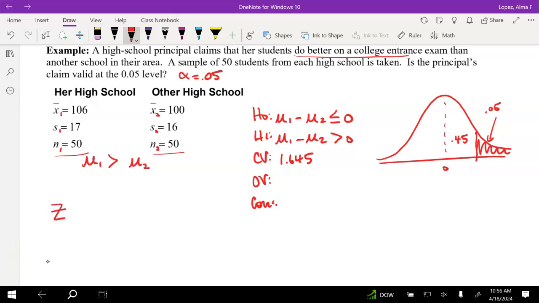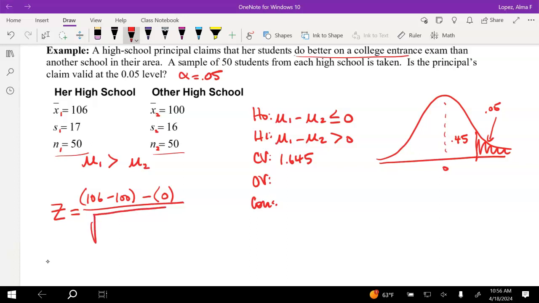The obtained value comes from the formula, so I'm going to plug in x bar 1 minus x bar 2 minus mu1 minus mu2, which will always be 0. Some students don't even plug it into the formula. I like to, even though I don't technically put it in the calculator.